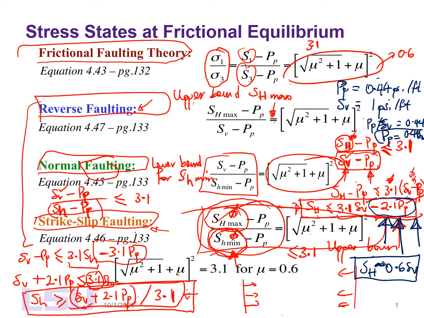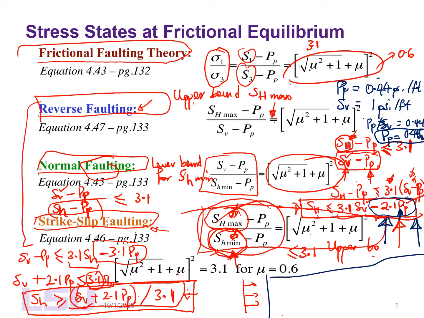And if you substitute 0.44 times SV into this constraint, so what you now have is, maybe you can clean up some stuff here, SH is less than or equal to 3.1 SV minus 2.1 times 0.44 SV.